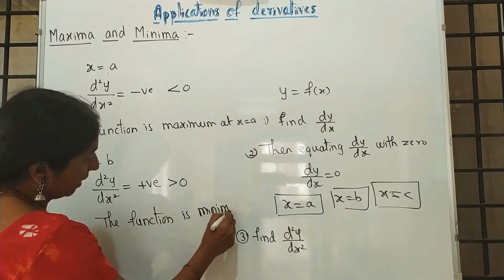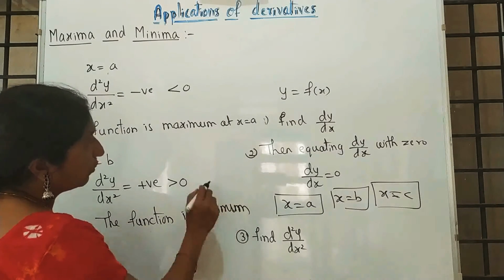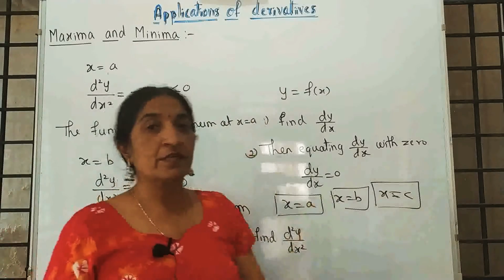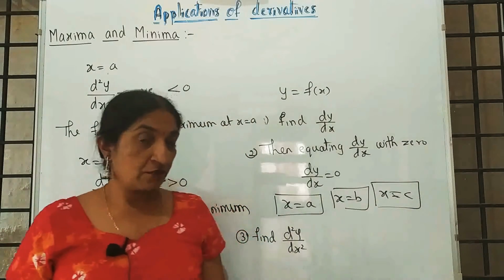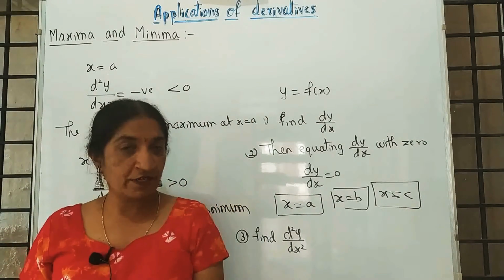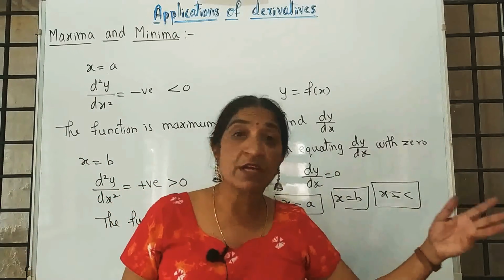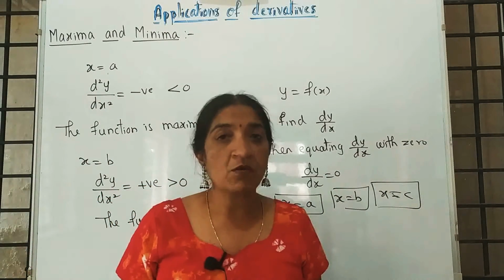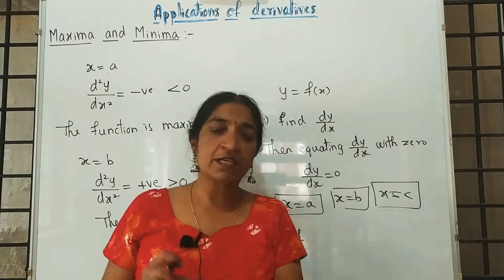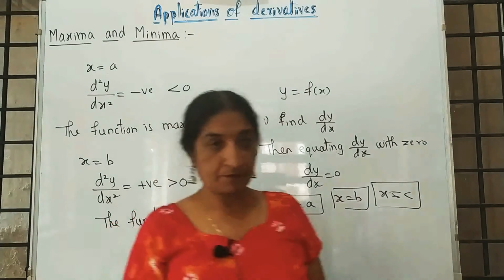Please note this down carefully. And the minimum value means you have to substitute that value in the given equation. Understood? I will repeat this concept when we solve the example. Now we are moving towards an example from NCERT.